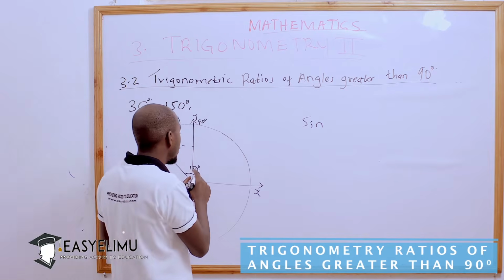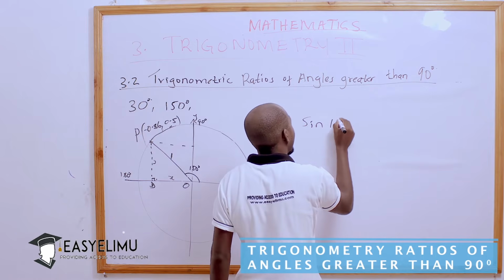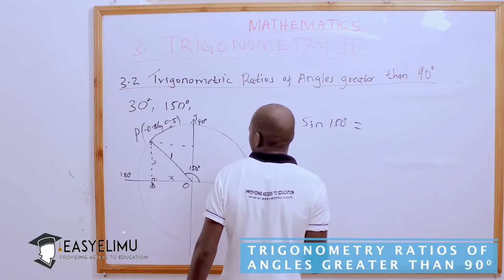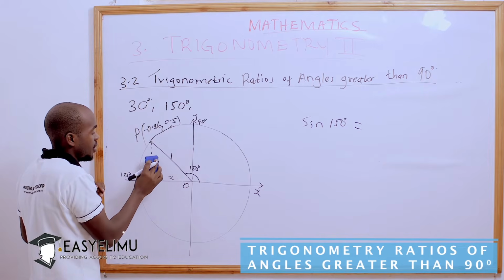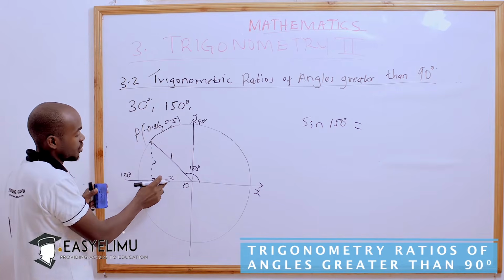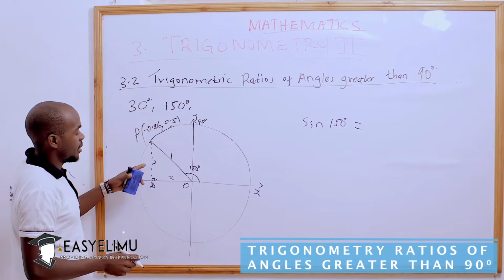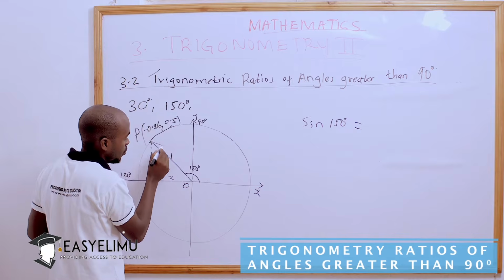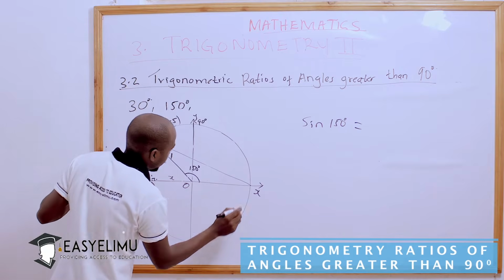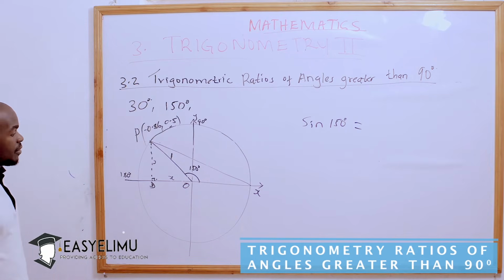So if you need sine 150 degrees, you use the identity of this triangle, extrapolating on this side.